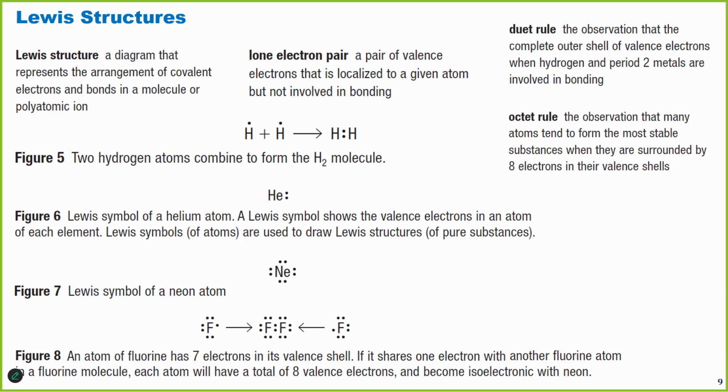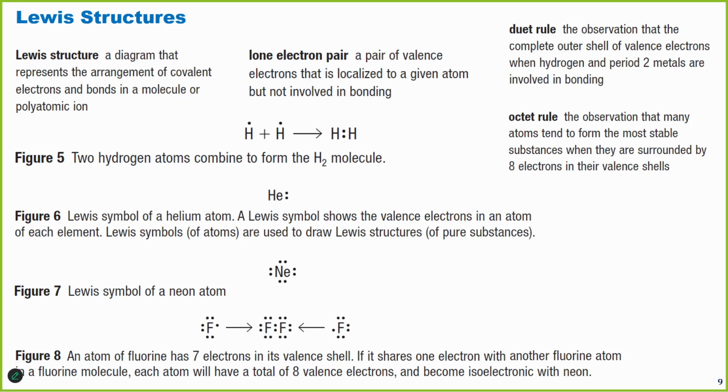Fifth, determine how many electrons are still available by subtracting the number of electrons you have used so far from the total number of valence electrons. Sixth, place the remaining electrons on the central item in pairs.